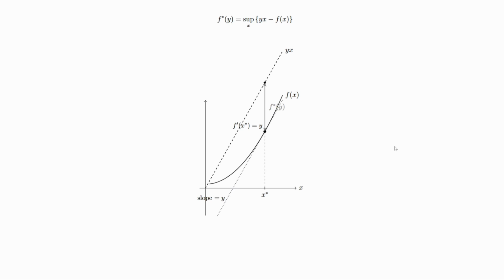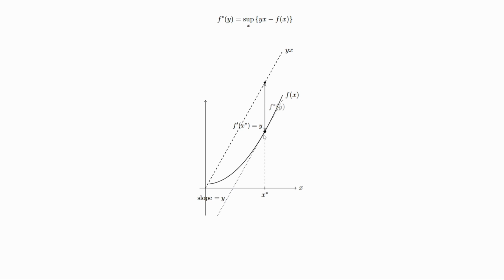So here's a different geometric insight. Let's say in our case that f is differentiable. Then the maximum gap between the function f and the line yx occurs exactly when the line is tangent to the curve. In this case, you can see the function at this point is tangent to the line.